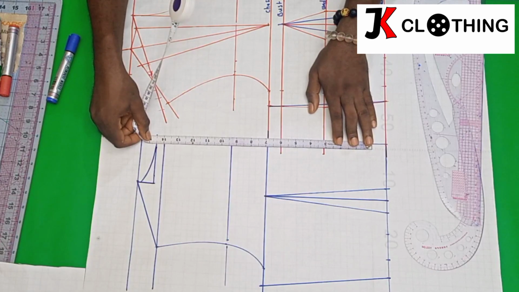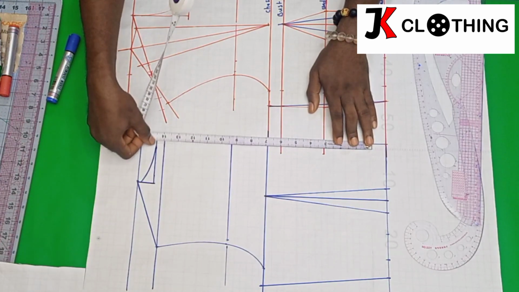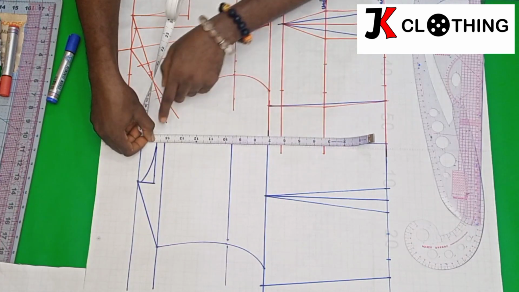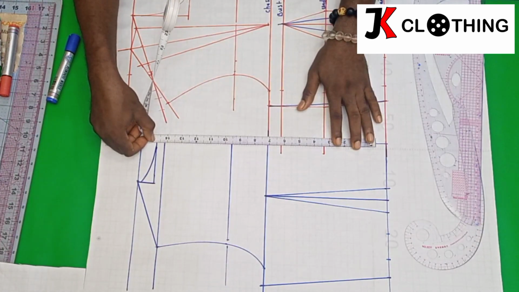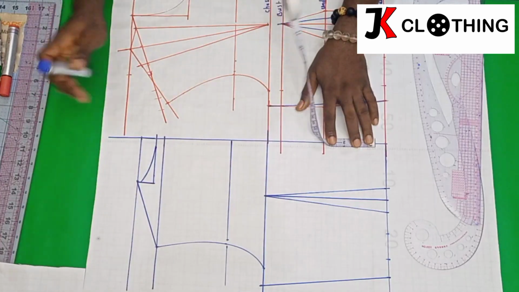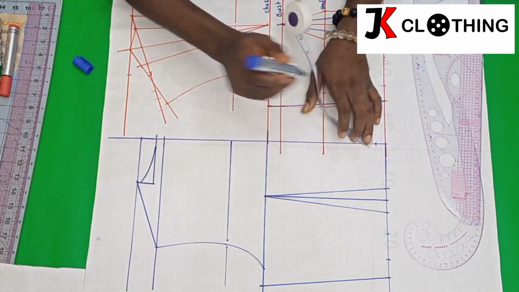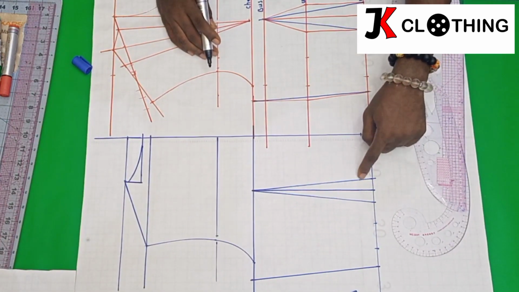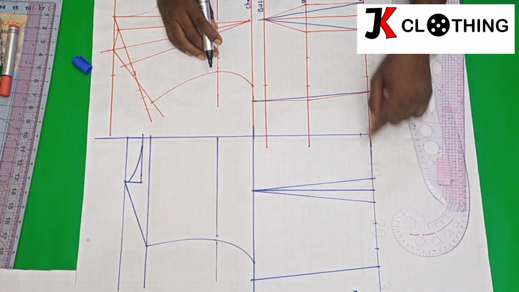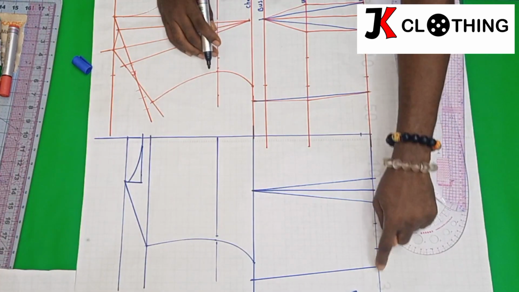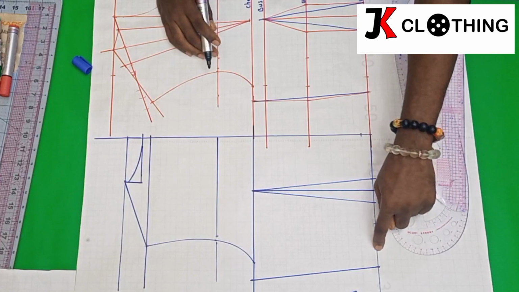But then because we'll be sewing quarter of an inch, we would then add the quarter to make it 14 3/4. Then we would fold this dart onto the next dart, and after that we will draw a curve which would end at where the seam allowance ended.